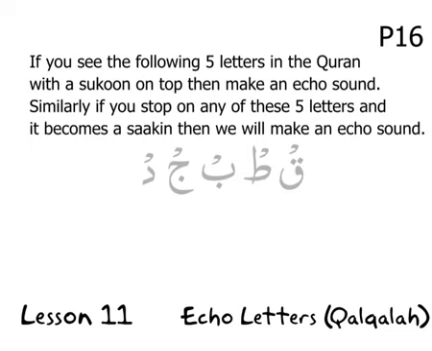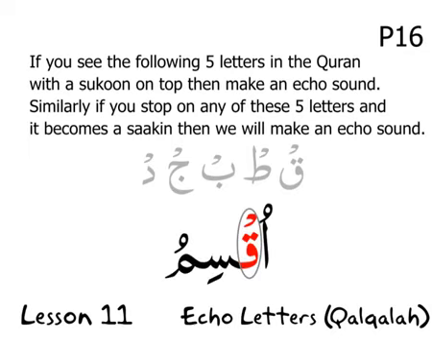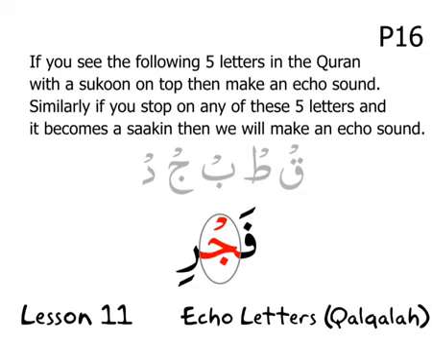I know this is a bit of a complicated rule, but when you get used to it, it's a piece of cake, subhanallah. So again, just a quick run through. What is Qalqalah? Pretend you're explaining it to somebody. Qalqalah is whenever you see in the Quran qaf, ta, ba, jim, dal with a sukoon on top, you make an echo sound. What's the example? Uqsimu, fajri.